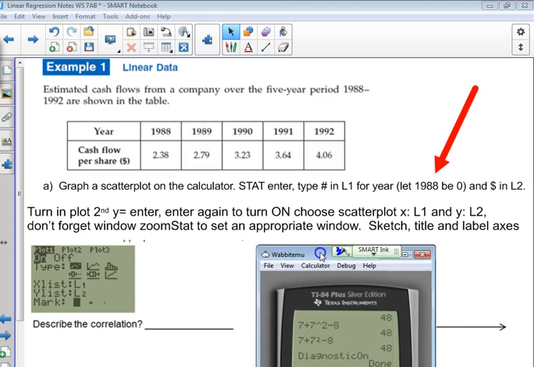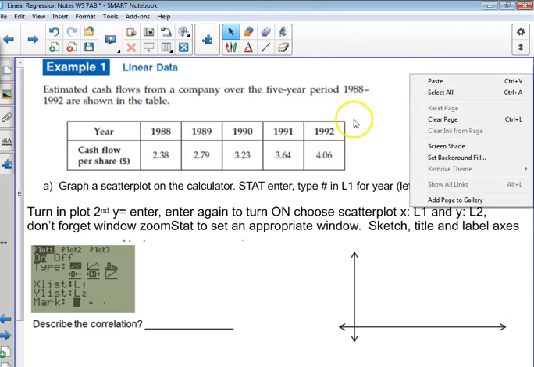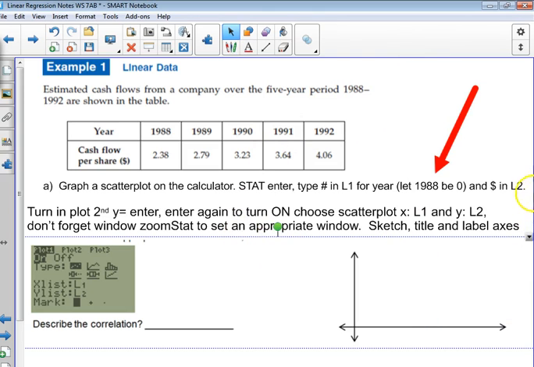All right, we are going to start by typing this information into list 1 and list 2. It says here, graph a scatter plot by going stat enter, type the numbers in list 1 for the year, where we are going to let 1988 be year 0, and then we're going to put the dollars in list 2. Before I do anything else, guys, what are we calling this year?